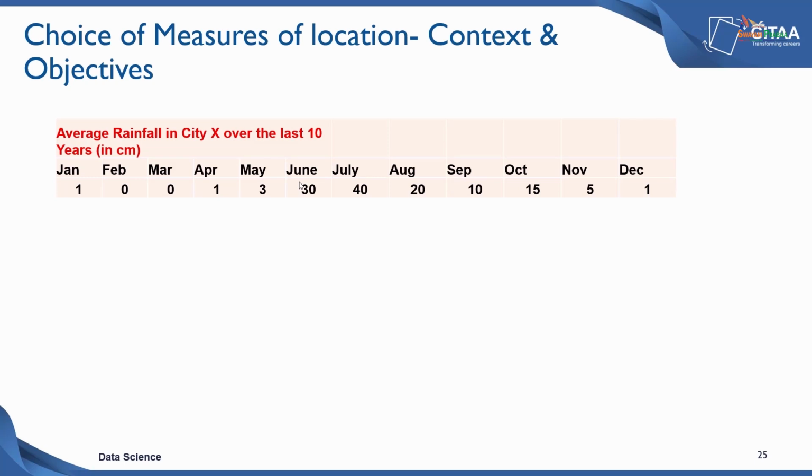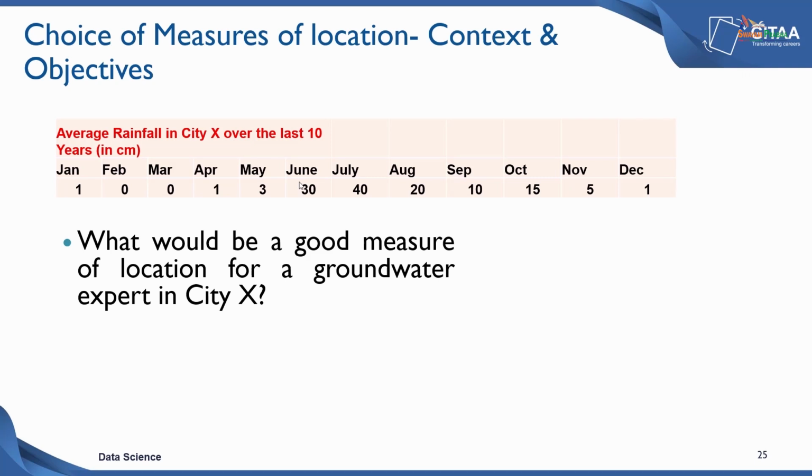So if the question that gets asked on this data, and if the person who is looking at this data is a kind of a groundwater expert who's got the task of ensuring that all households get potable drinking water in their taps, a good measure of location would be actually the mean, because the person is interested in knowing what the total rainfall is.